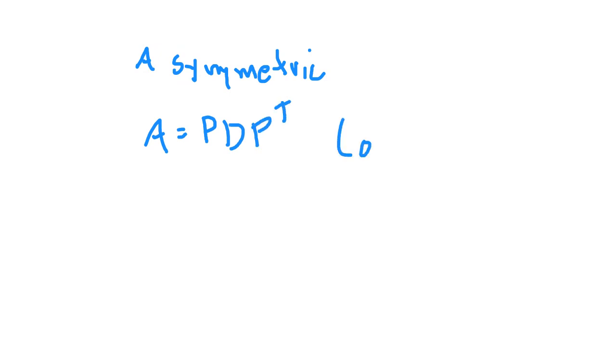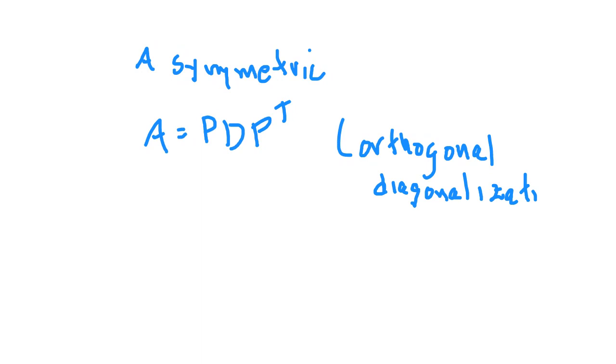We can find the matrix P and that diagonal matrix D, which consists of the eigenvalues of A. Guaranteed, we can find that.